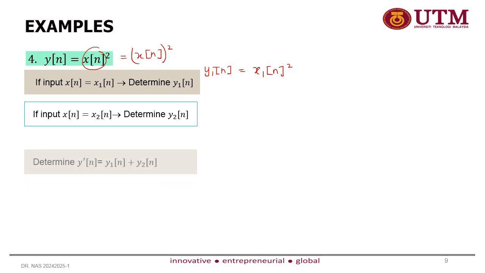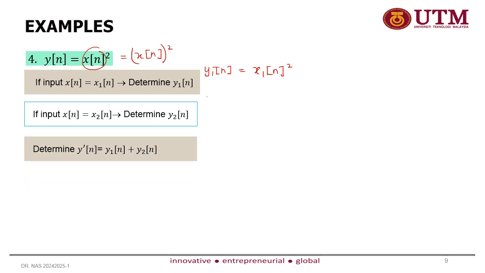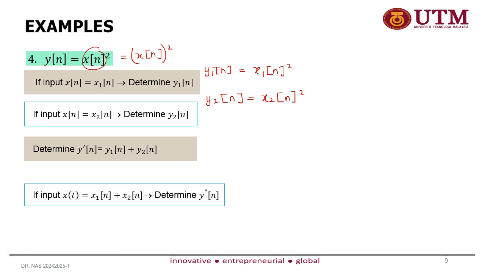Next, y2[n] equals x2[n] squared. Third step, determine y prime [n], so y1 plus y2. This equals x1[n] squared plus x2[n] squared.